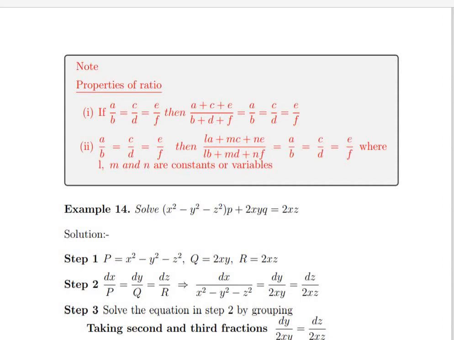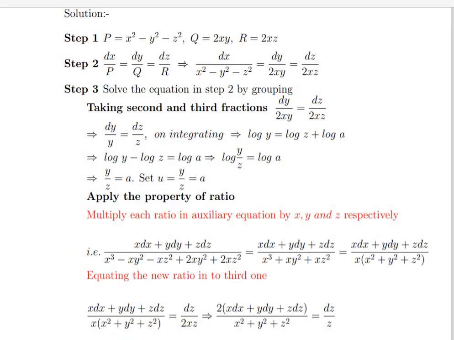So solving the equation in step 2 by grouping using the second and third fraction, we have dy by 2xy equal to dz by 2xz. As you can see in this equation, there is 2x common in the denominator on both sides, so we can cancel the 2x, and after that we will get dy by y equal to dz by z.